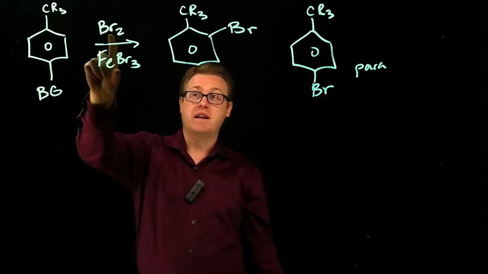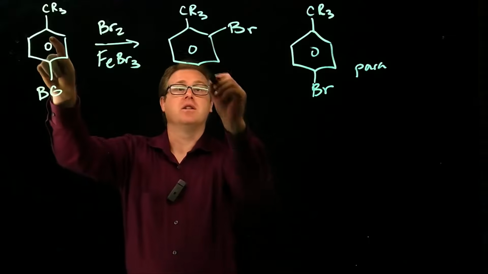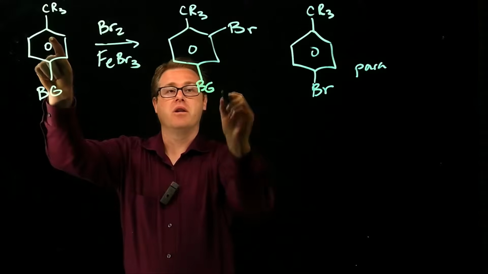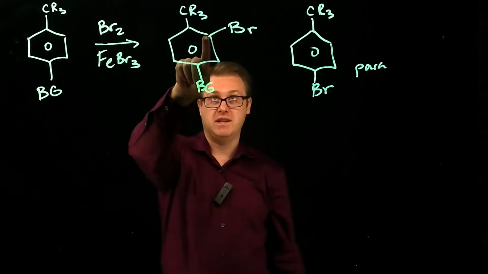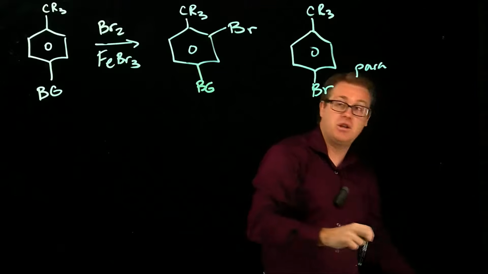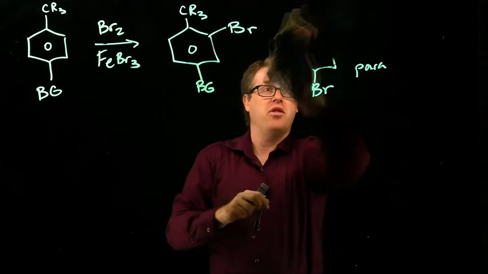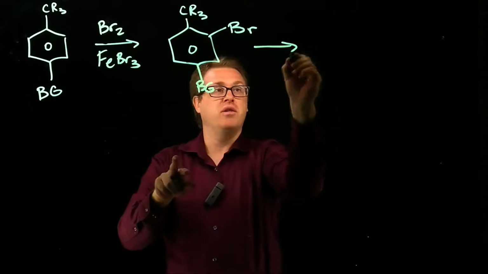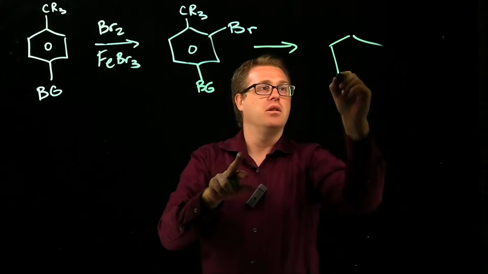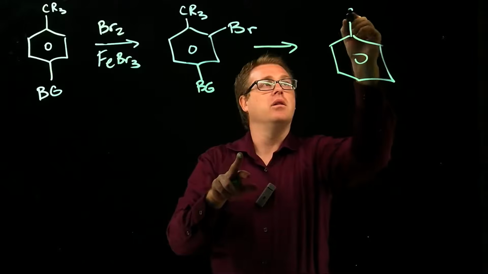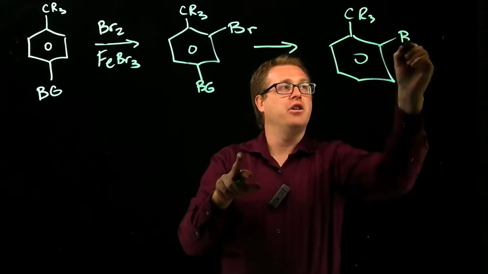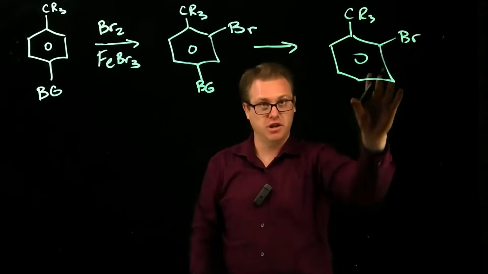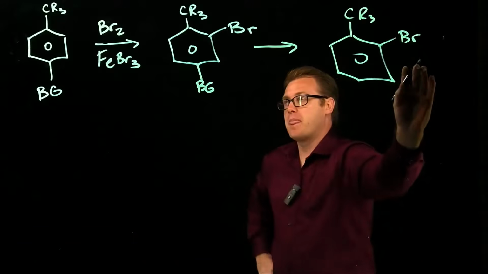So when you do this reaction, it is forced to go to the ortho position. And then what you do is after you form that product right here, you just remove the blocking group. And now you have your desired product.